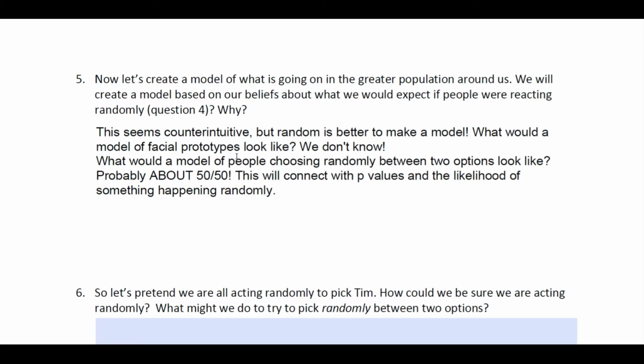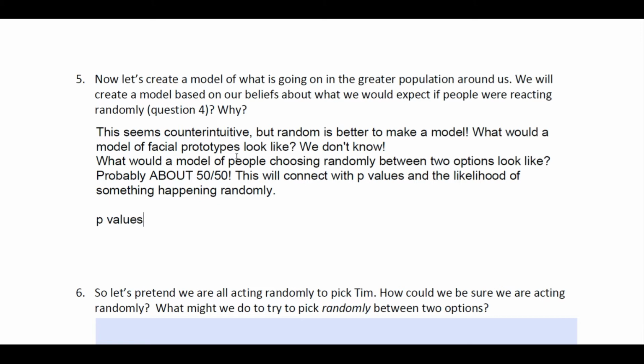Because if nothing interesting is happening, we know what that would look like. If it's not interesting, people just choose totally at random, we know about 50% will be left and about 50% right. Now, if there's something else going on, something interesting, like people have facial prototypes, then we would expect it to not be 50-50. But we don't know exactly what we would expect. How much left and how much right? Is it 60%, 70%, 80%, 90%? We don't know.